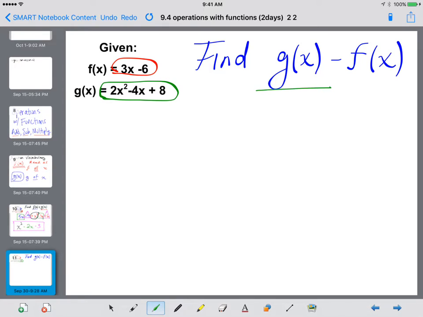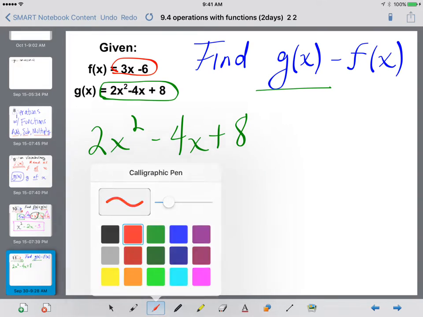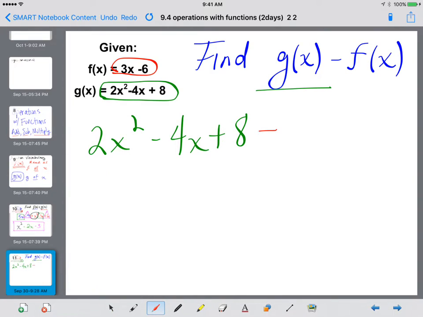So I'm going to first write g of x as 2x squared minus 4x plus 8. We will subtract f of x. When we subtract, I put my subtraction symbol and I put f of x in parentheses as 3x minus 6.